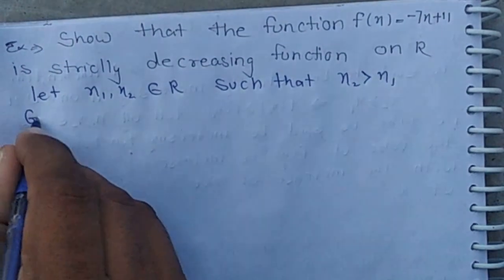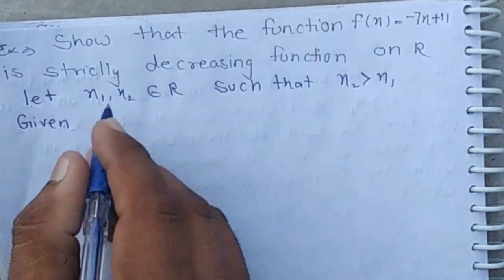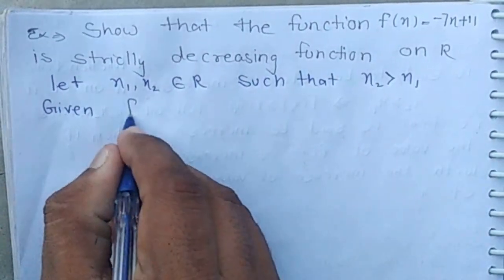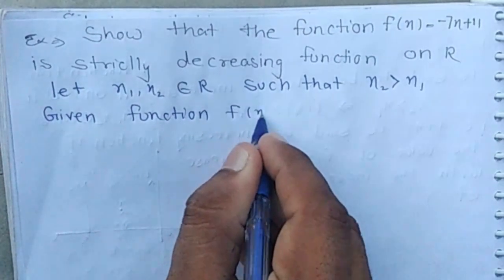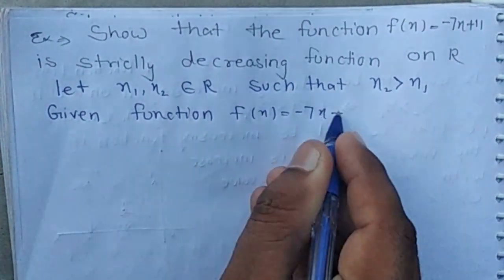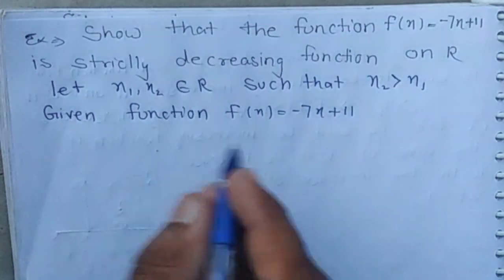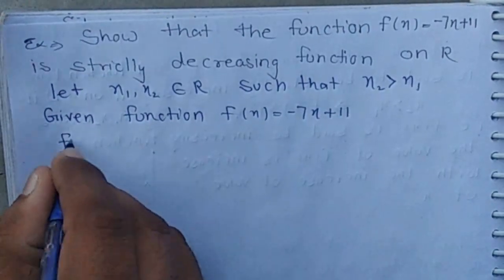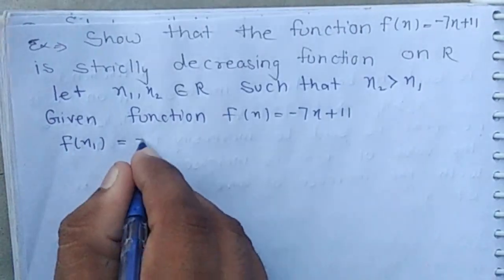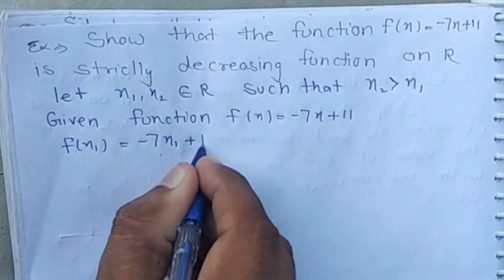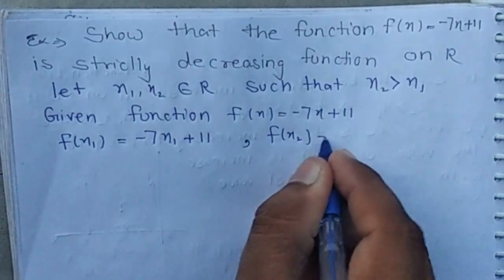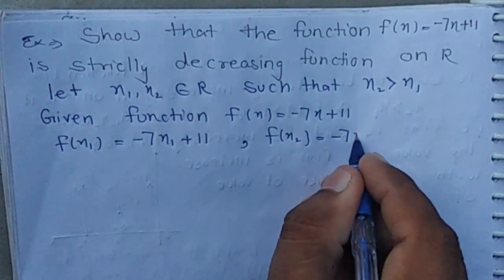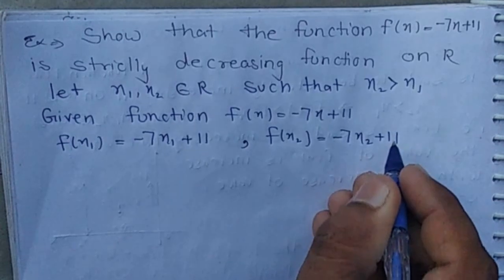Given the function f(x) equals minus 7x plus 11, the value of the function at x1 is minus 7x1 plus 11 and the value at x2 is minus 7x2 plus 11.